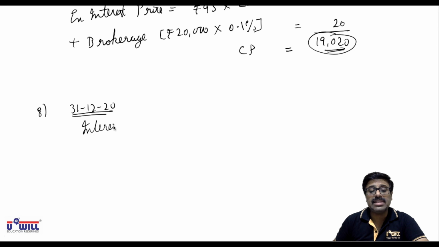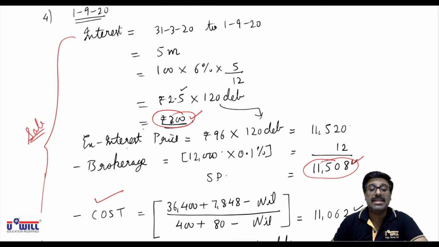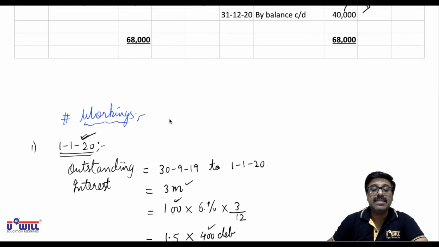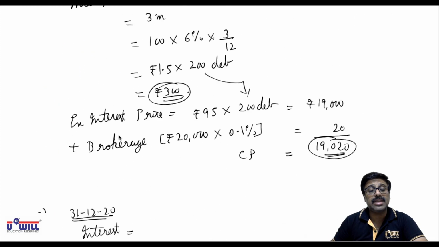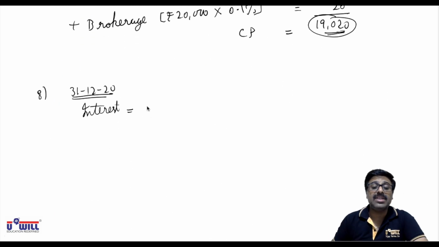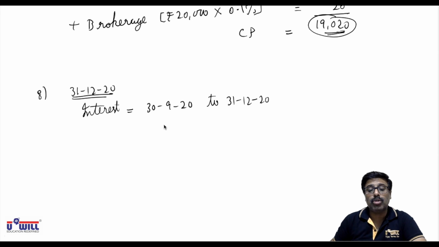Like we calculated in opening balance outstanding interest, same way now we calculate on closing balance outstanding interest. Before 31st December, we received the interest on 30th September. So 30th September to 31st December, we can say 3 months, October, November, December, interest is outstanding. 100 into 6% into 3 by 12, 1.5 rupees.